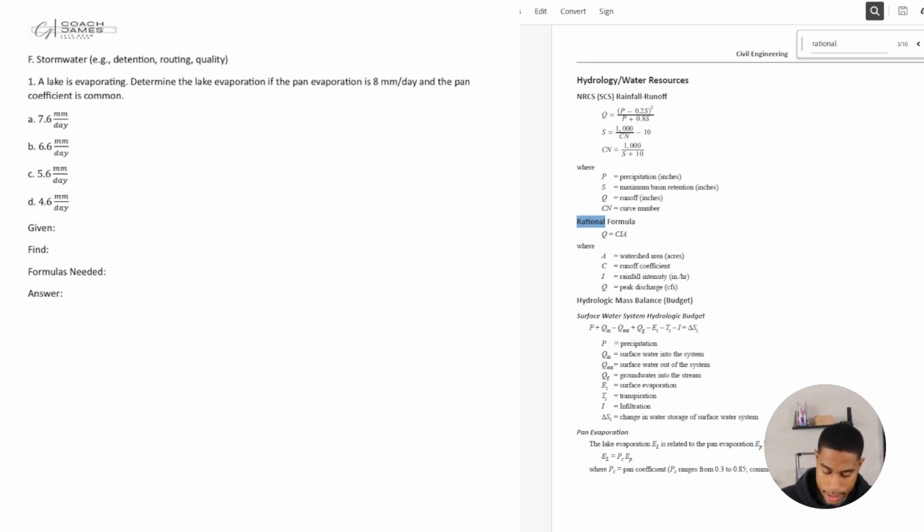Okay, so a lake is evaporating. Determine the lake evaporation if the pan evaporation is 8 millimeters per day and the pan coefficient is common. So what information are we given? Well, we are given the pan evaporation, and we are given the pan coefficient is common.